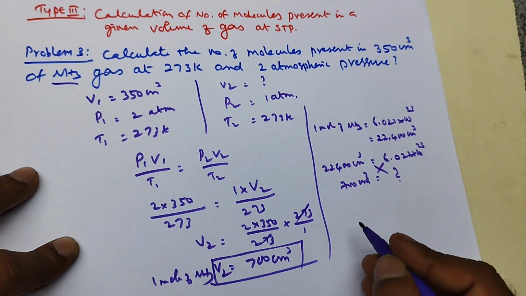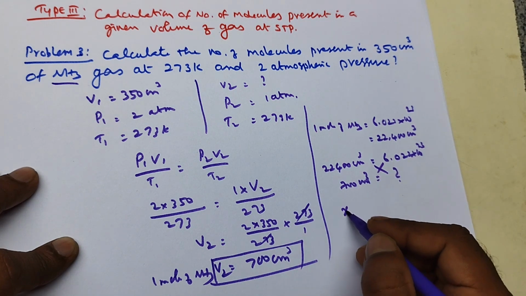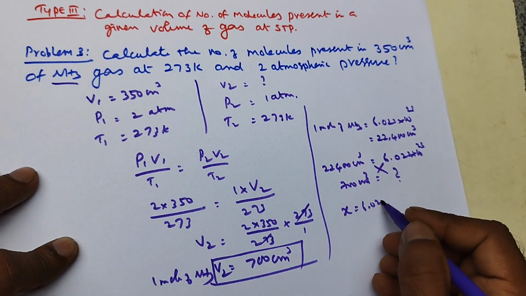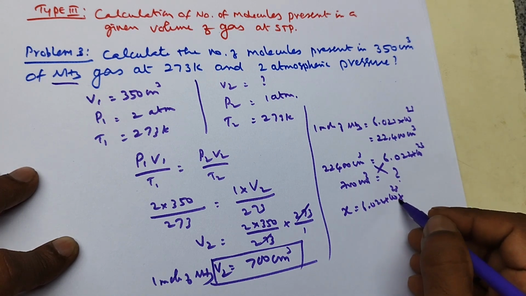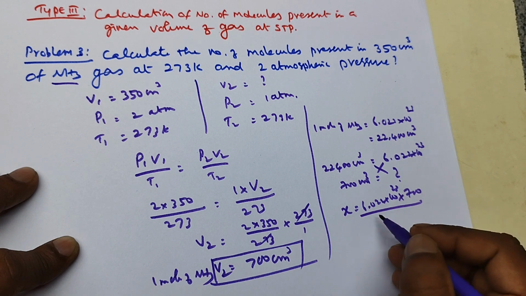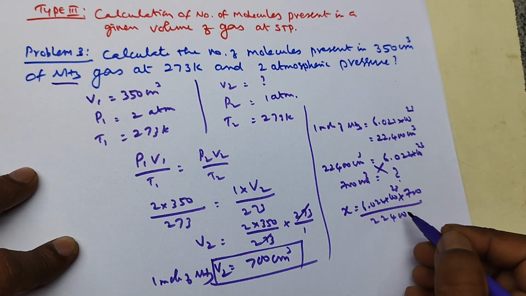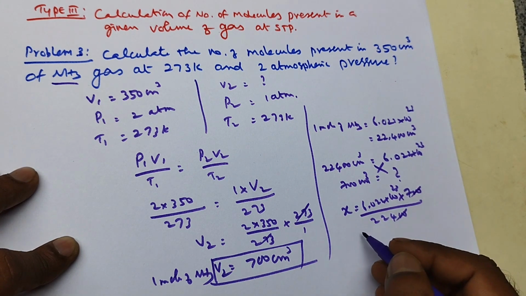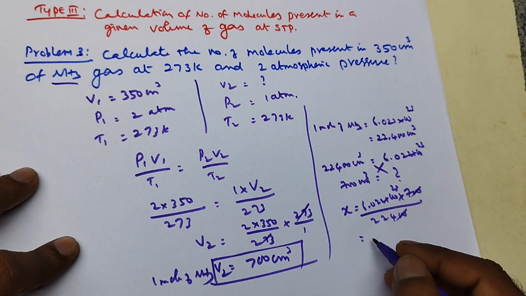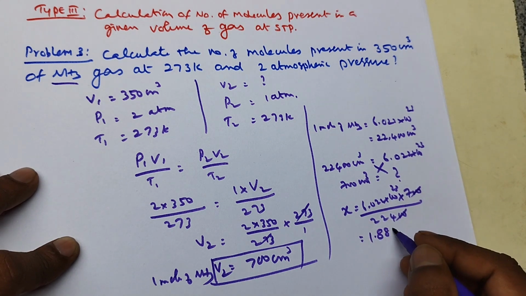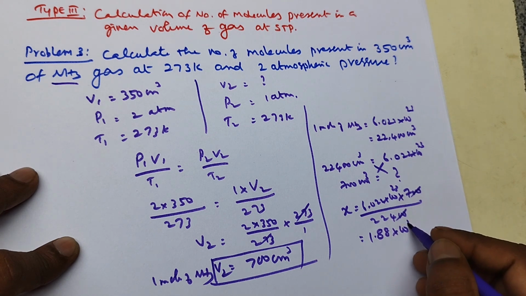You can do the cross multiplication. So x is equal to 6.022 × 10^23 into 700 by 22,400. You cancel the two zeros and simplify it. Expressing in scientific notation, we get 1.88 × 10^22 molecules.